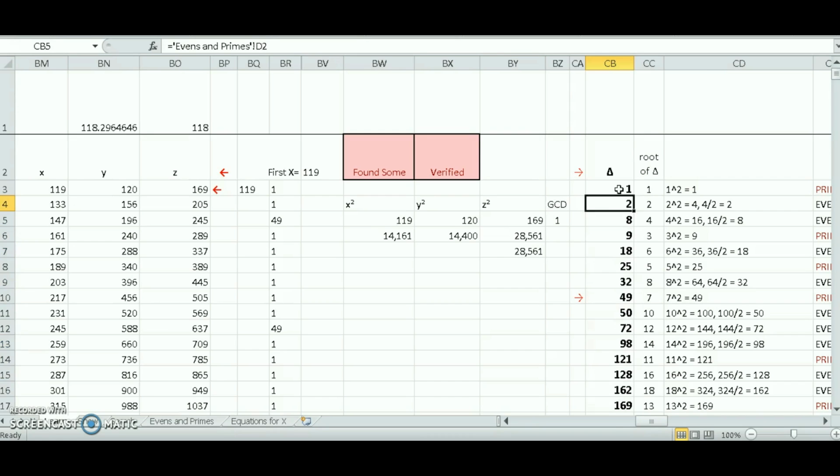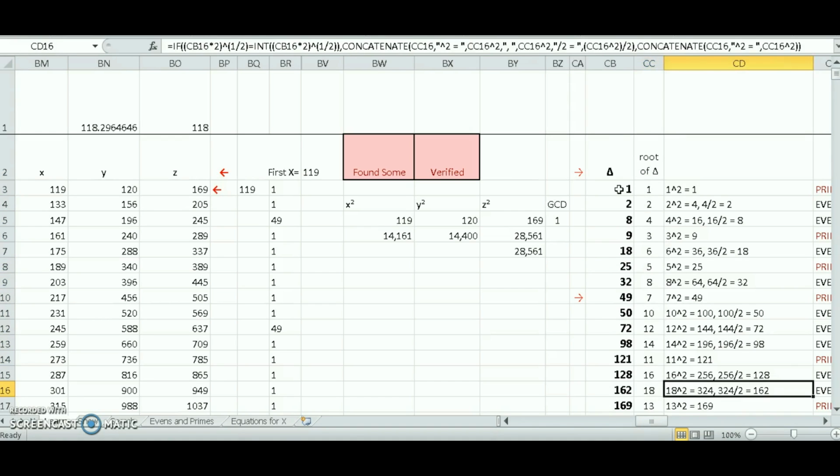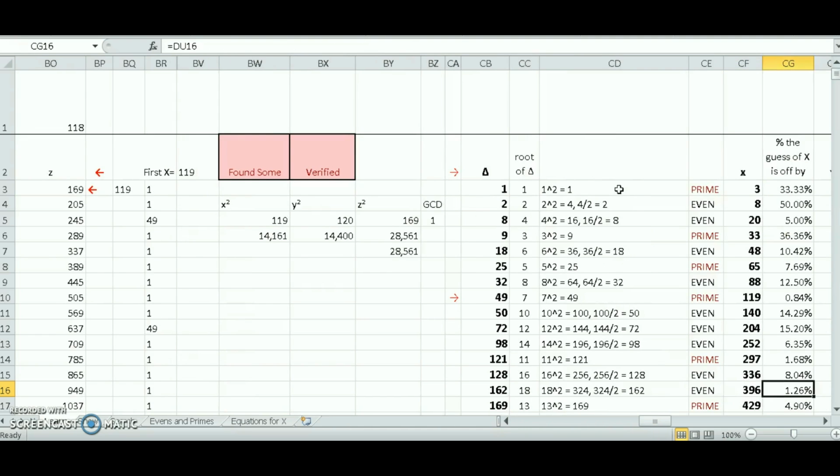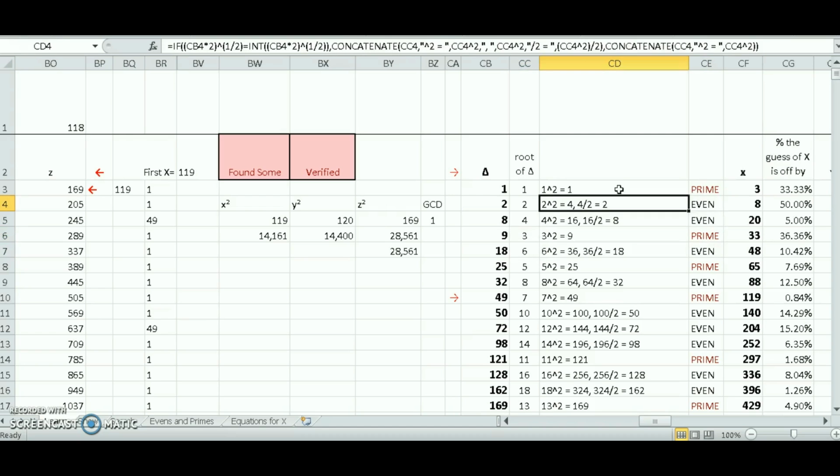So I made this other column called root of delta. The root of delta helped me figure out what all of this is actually based on. When you look at it over here, I divided all the deltas by what the root was.